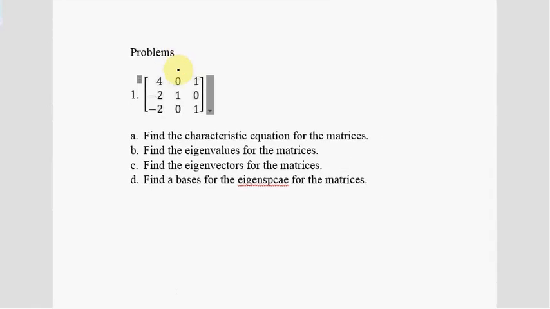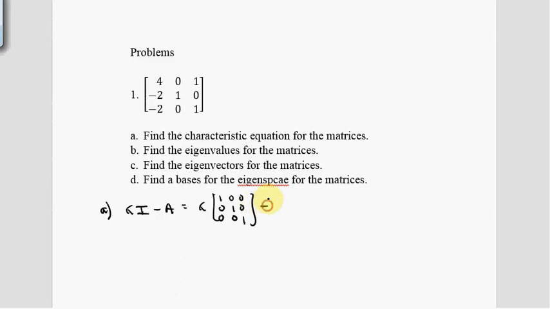Okay, so part A. So we want to find lambda times the identity minus A. This is a 3 by 3, so this is 1, 0, 0, 0, 1, 0, 0, 0, 1.